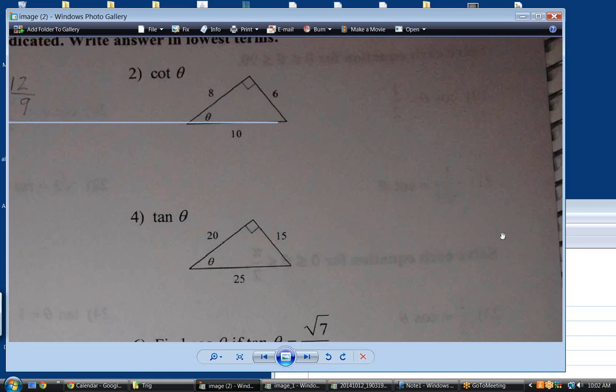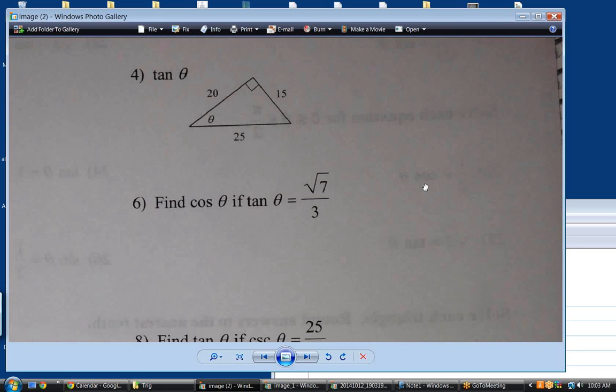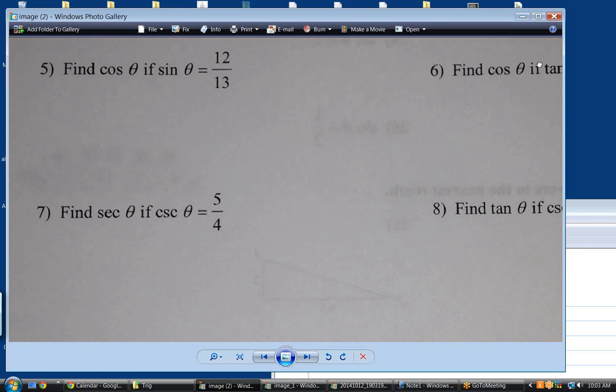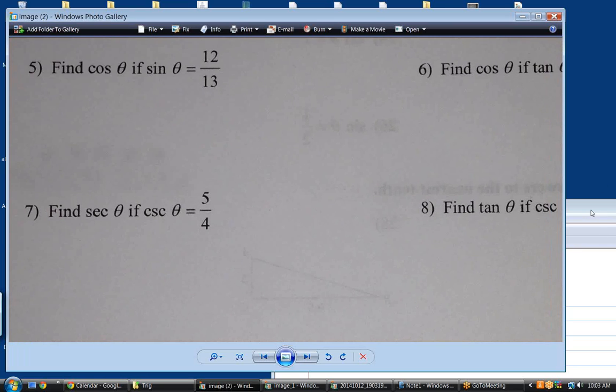Opposite 8 over 6. Simplify it. 4 over 3. Okay. Number 4. 15 over 20. So 3/4. Okay. Number 5.